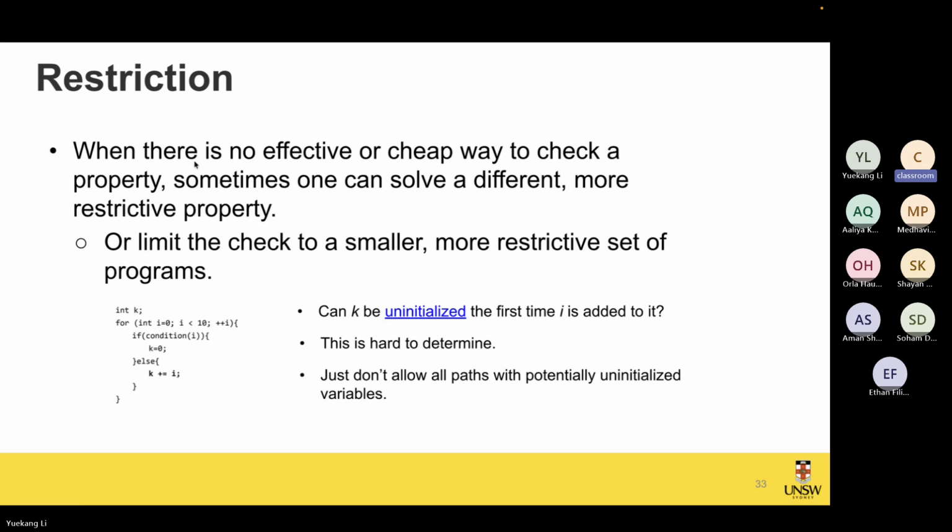So that is restriction. Instead of trying to get an accurate solution, we restrict the property and work on a simpler problem. And actually, this restriction guides the design of the Rust compiler. If you want to write safe Rust, sometimes it doesn't allow you to do something, right?